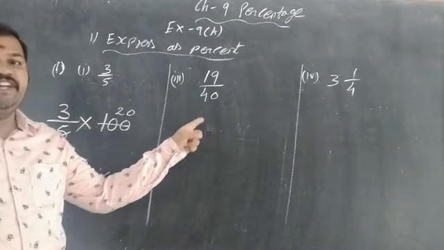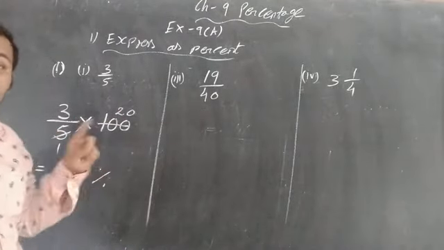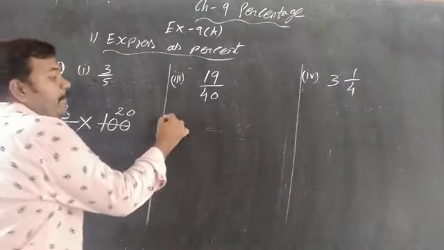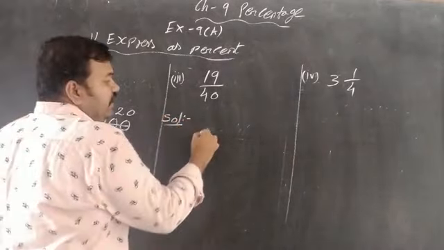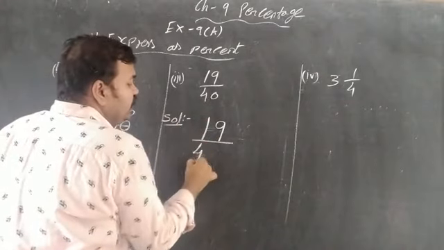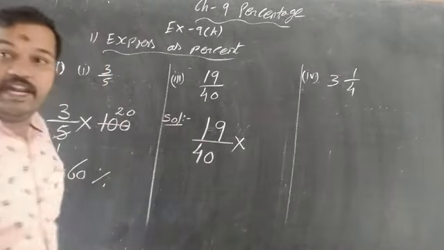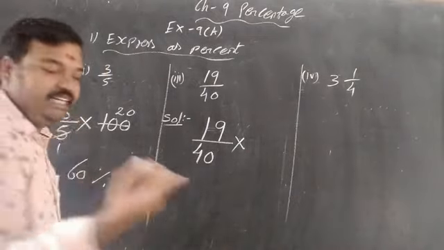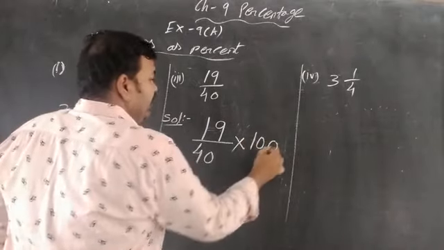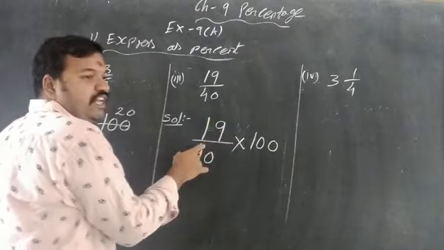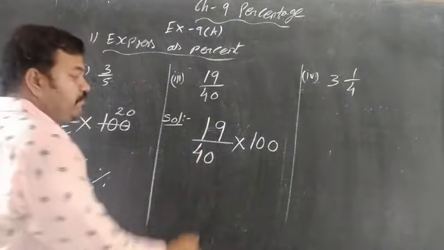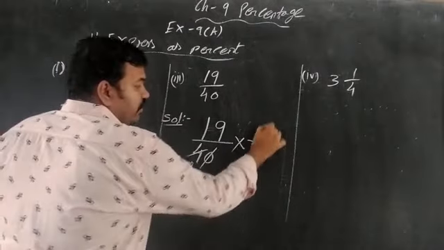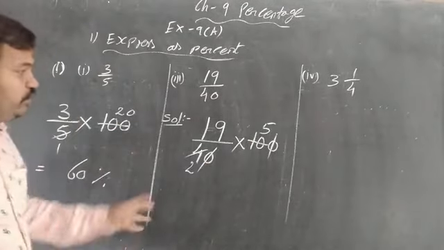The next question is 9 by 40. What do we have to do? We have to change it into the form of percentage. How will you give the percentage for any sum? Into 100. Into 100 will change this to percentage. Cancelling using the 20 table, 2 times and 5 times. There is no more cancellation.